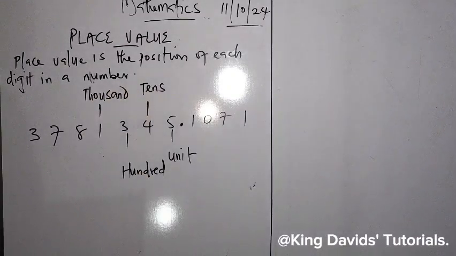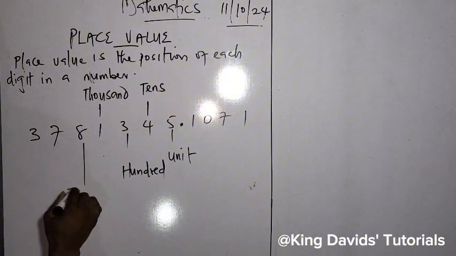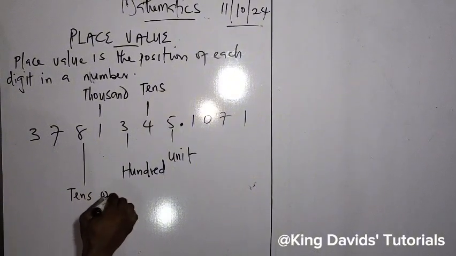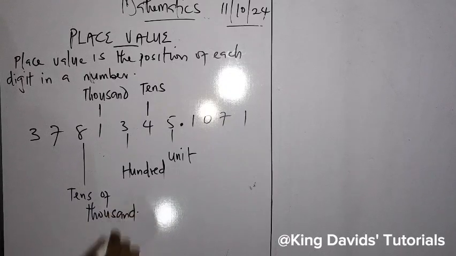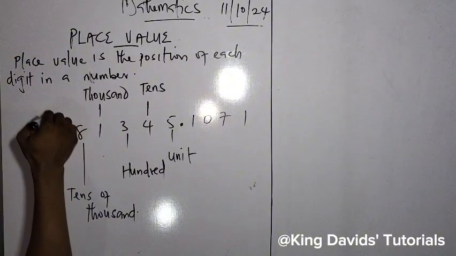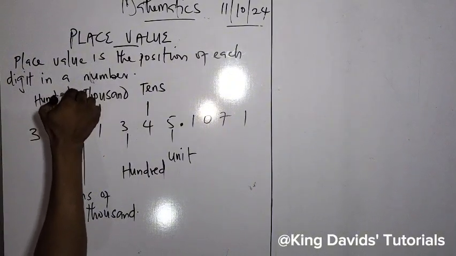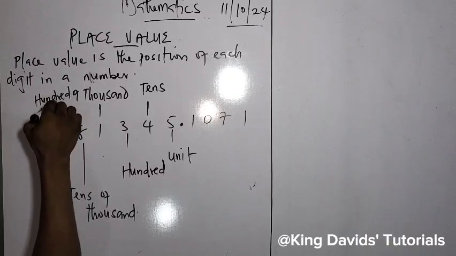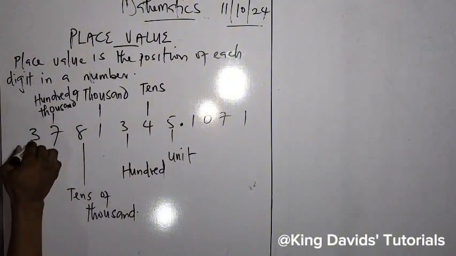And after the 1000 come the tens of thousands. And after the tens of thousands comes the hundreds of thousands. And after the hundreds of thousands comes the million.